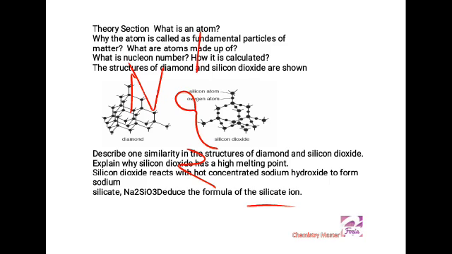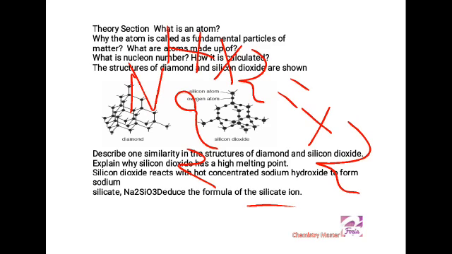Each sodium atom contributes a positive 1 charge. So if there are two atoms, there must be a positive 2 charge from the sodium, and the silicate must balance it by -2. So the formula of the silicate ion is SiO3 2-.